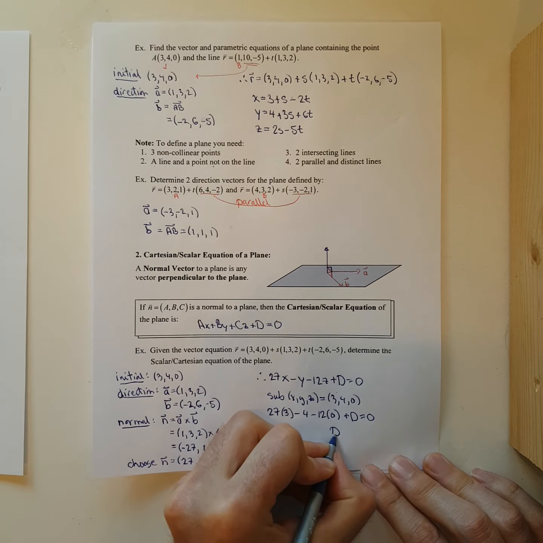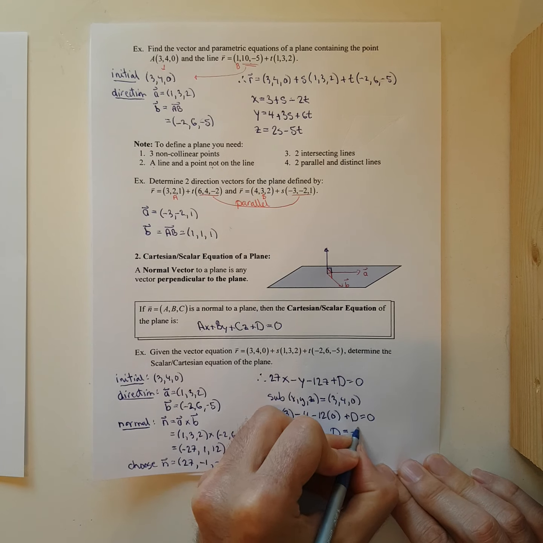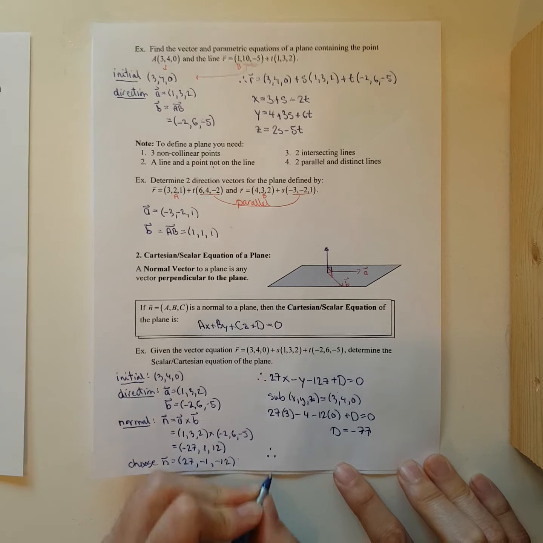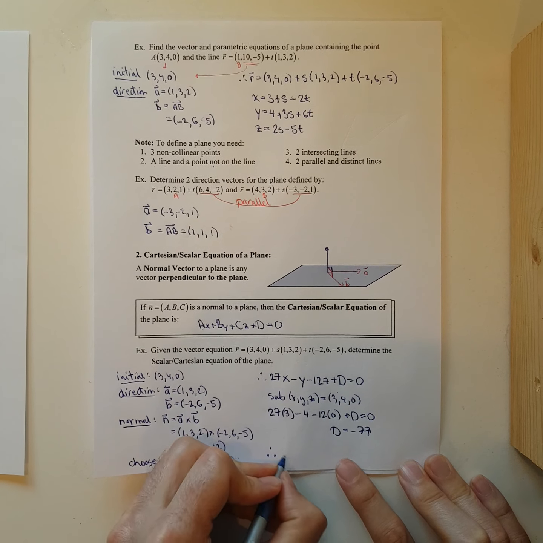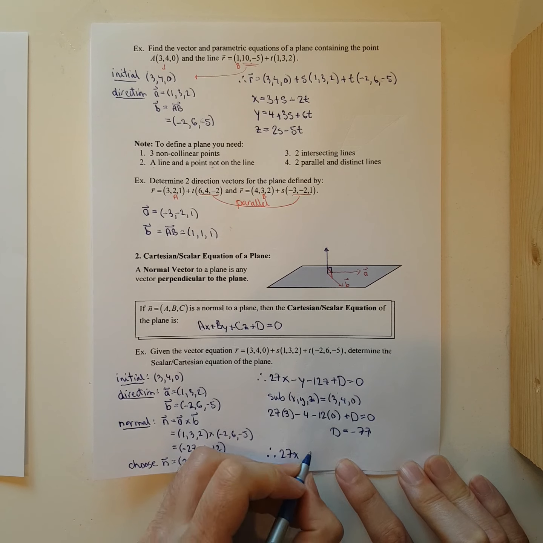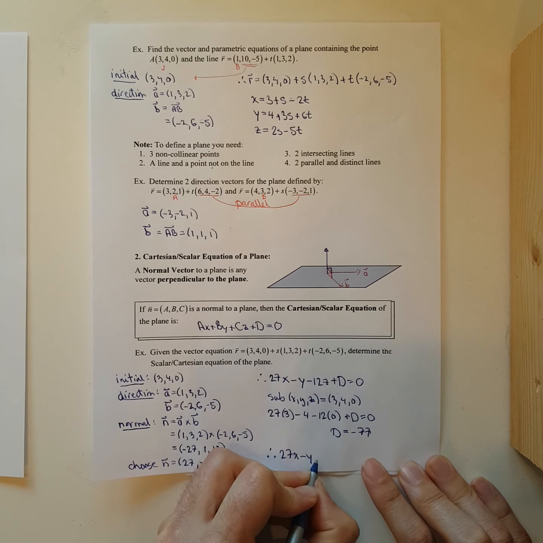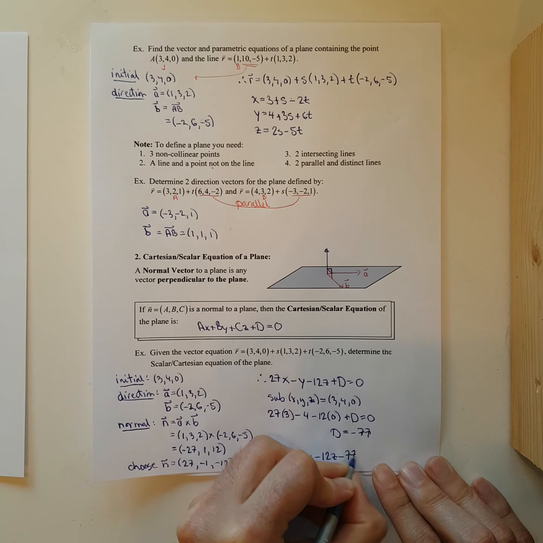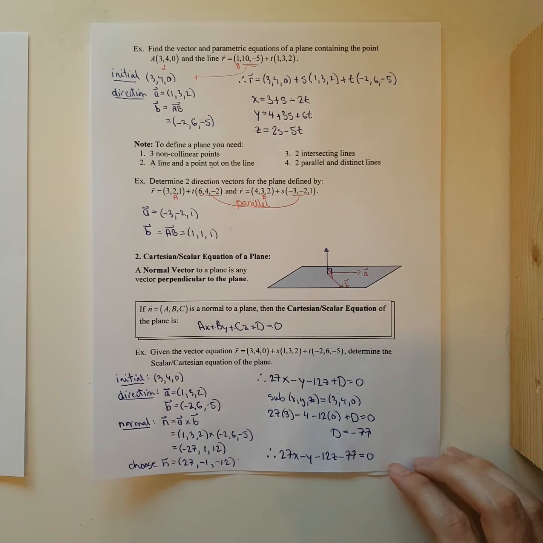If we solve for d, we end up with -77. So therefore, our scalar equation would be 27x minus y minus 12z minus 77 equals 0.